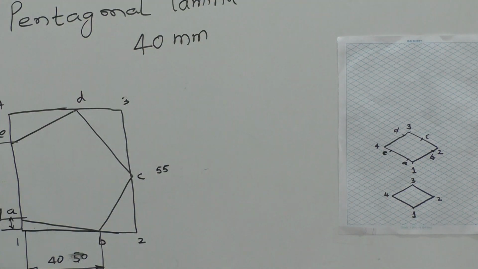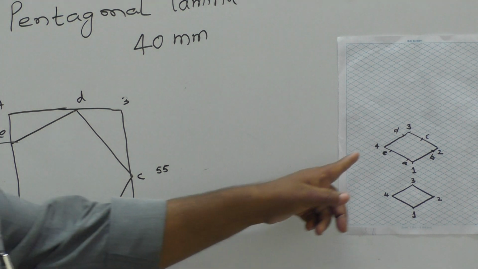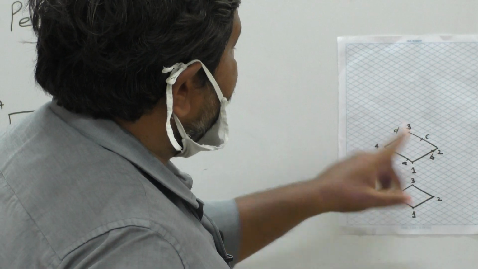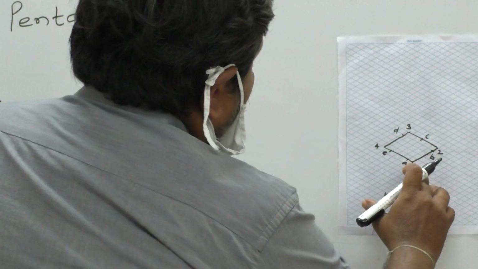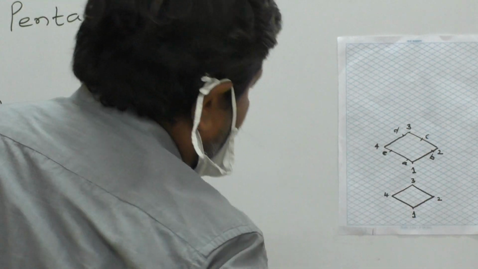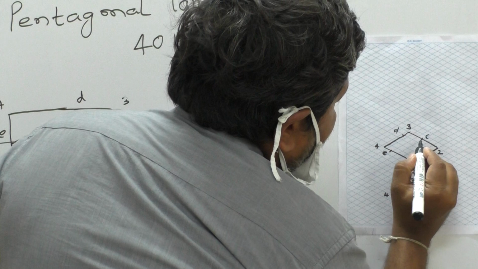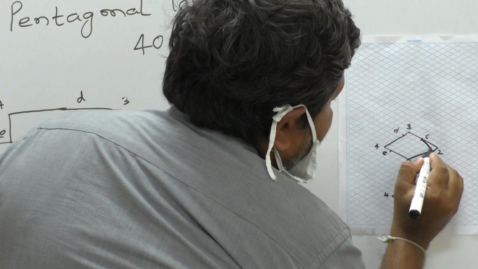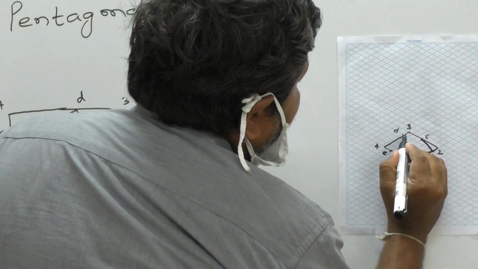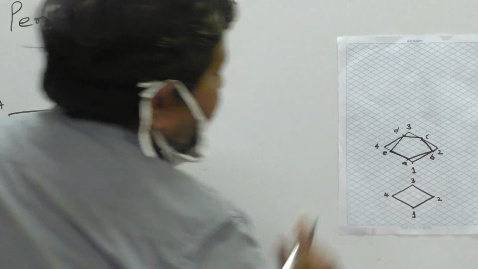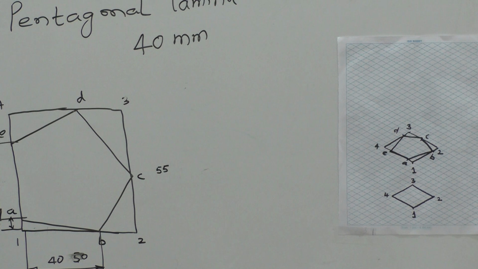Now all the 5 corners of the pentagon are marked on the isometric projection of the box 1, 2, 3, 4. Now join A to B, B to C, C to D, D to E and E to A. So now this becomes the isometric projection of the pentagonal lamina.